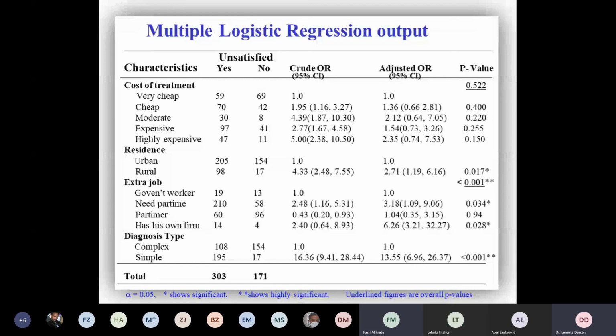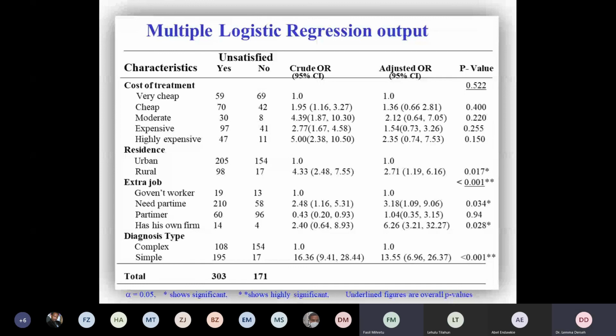And if you are interested in the precision of the estimate, it's better to use the confidence interval. And if you are interested to present both, it is good to present both the confidence interval and the p-value. It's up to the researcher. And here we have sometimes 1 star, sometimes 2 star.